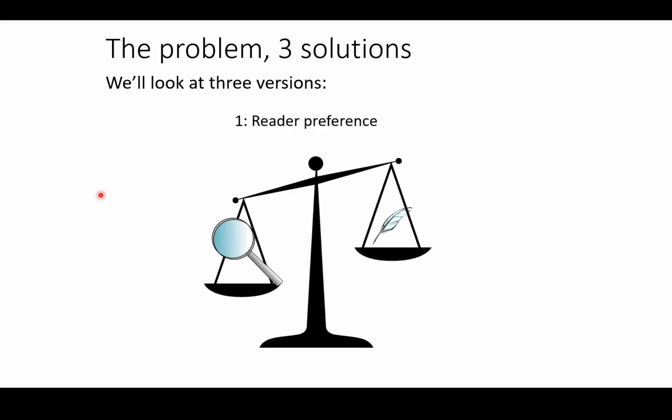So the reader's preference is just that we will try to make sure that readers get access as soon as possible. And that may mean that the writer will have to wait a lot longer. So we use this approach if it's a lot more important that readers get access to data rather than that we update that data.